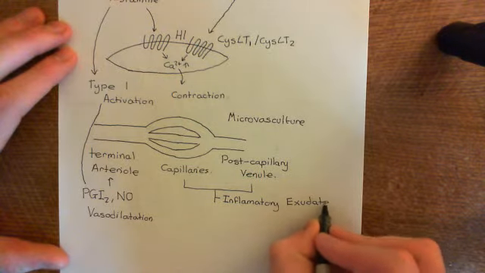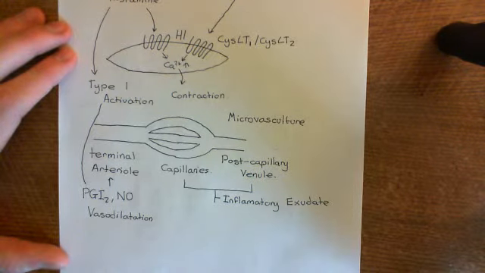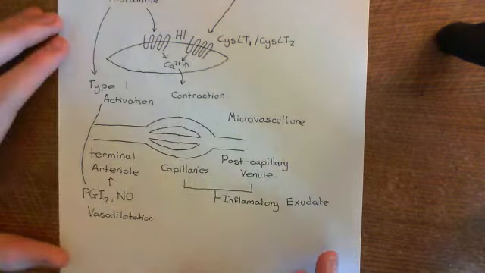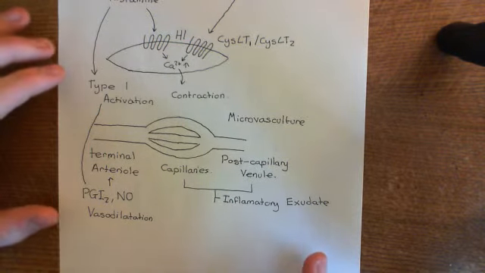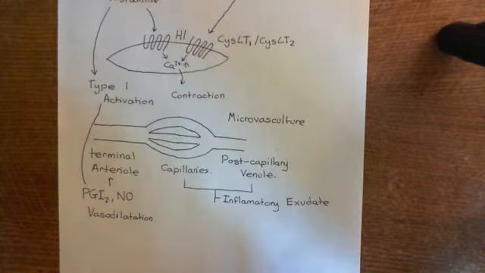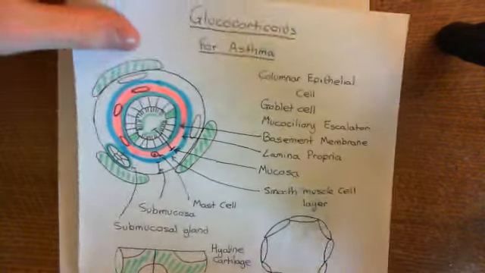Okay, so it's going to cause swelling of the interstitial fluid, and this, remember, is happening within the lamina propria. Okay, so you are going to get swelling of the lamina propria.